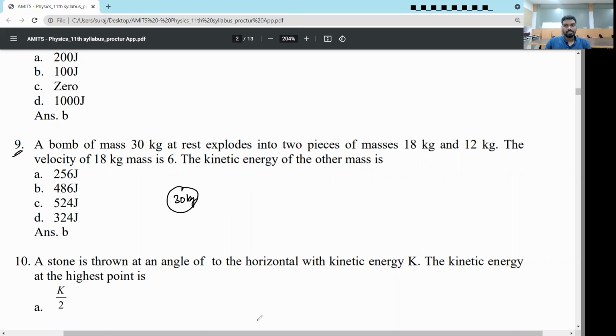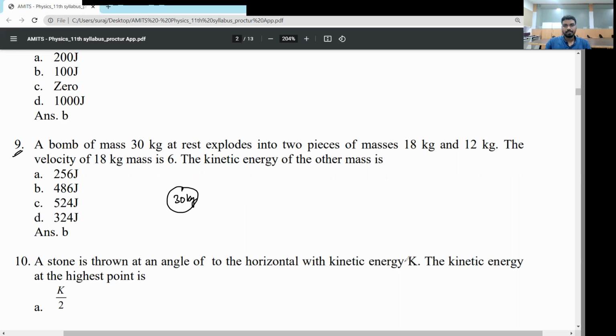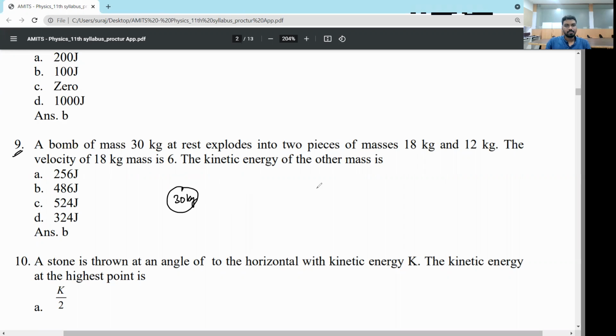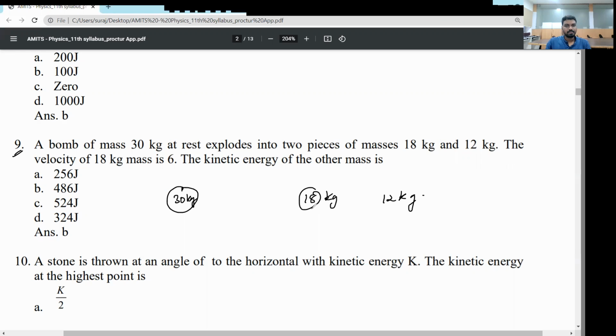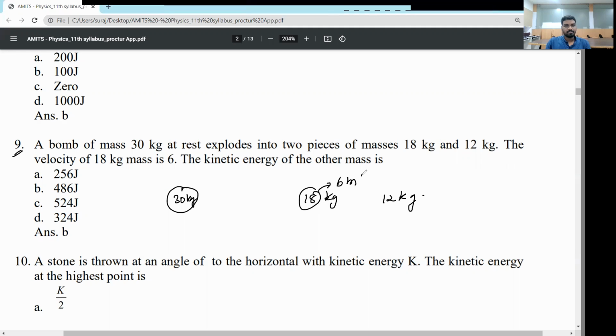It explodes into two pieces of mass 18 kg and 12 kg. So this is 18 kg, this is 12 kg. The velocity of the 18 kg mass is 6 meter per second. What about the velocity of the other? I need to find the velocity.